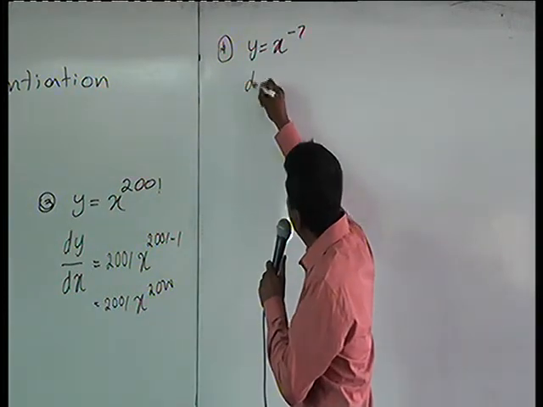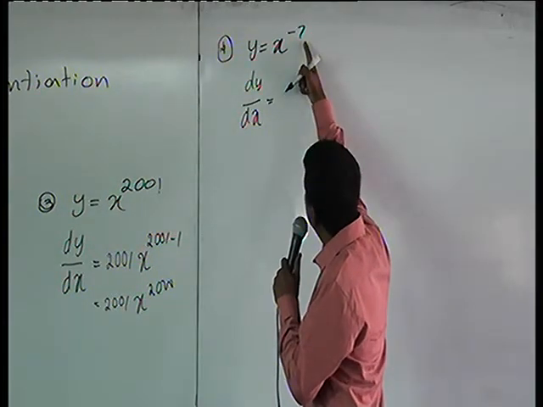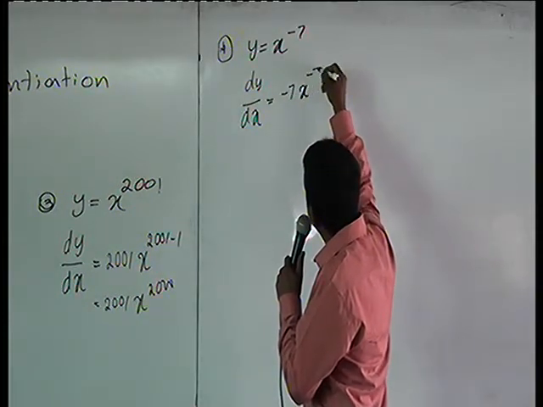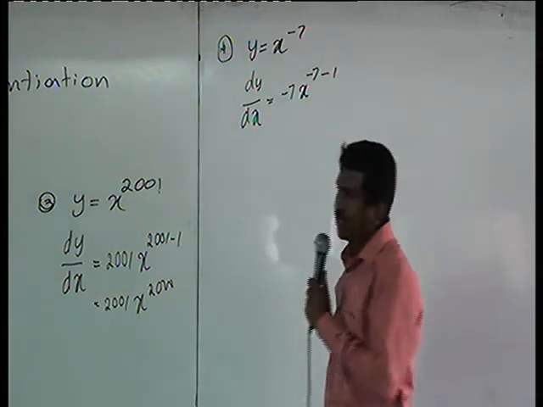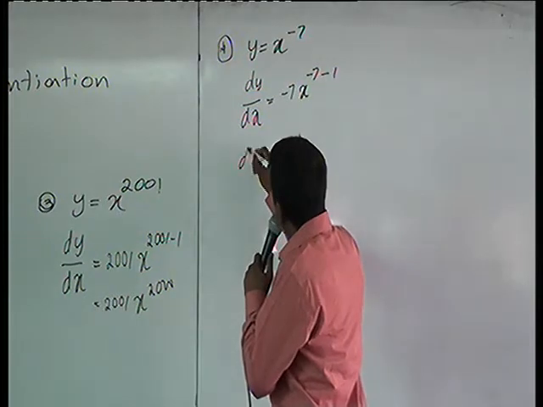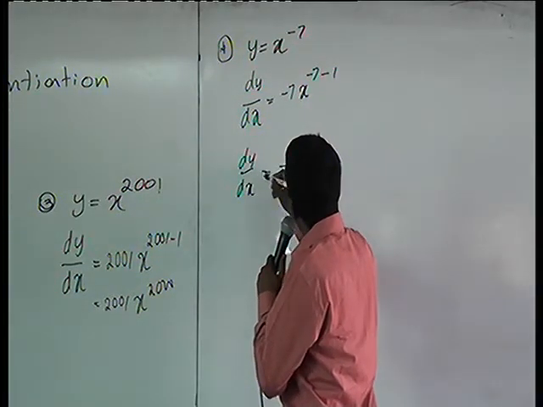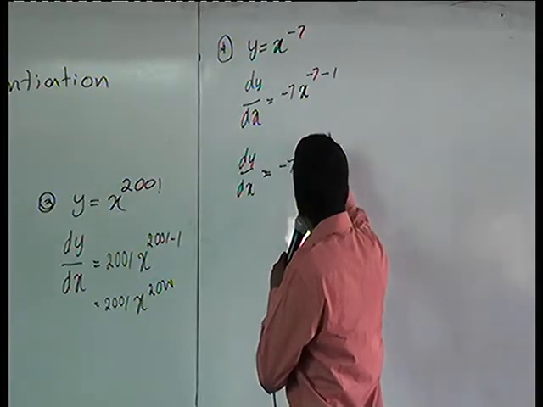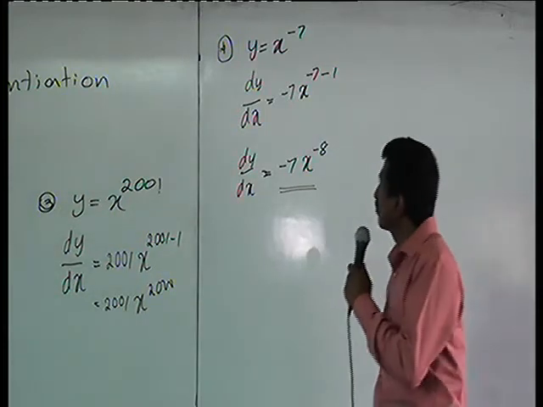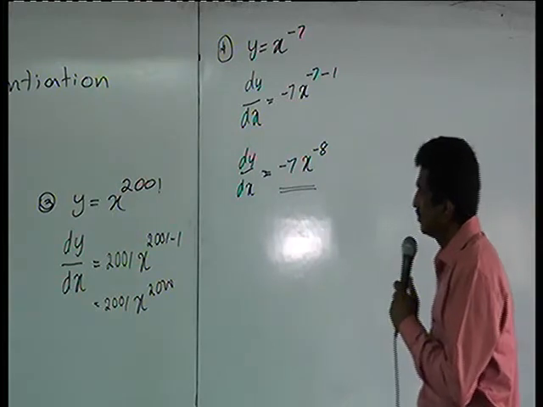So dy by dx equals n, minus 7, x to the power minus 7 minus 1. Answer: dy by dx equals minus 7 x to the power minus 8.